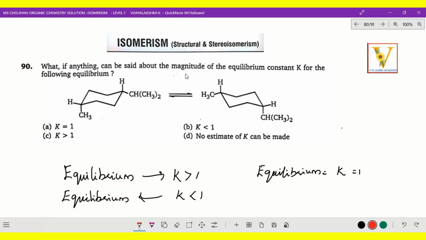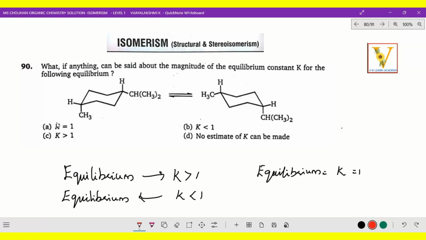Anything can be said about the magnitude of equilibrium constant K for the following equilibrium. Okay, now equilibrium, as we look at this molecule here: forward reaction means K is greater than 1, backward reaction means K is lesser than 1, and equilibrium means K is equal to 1.